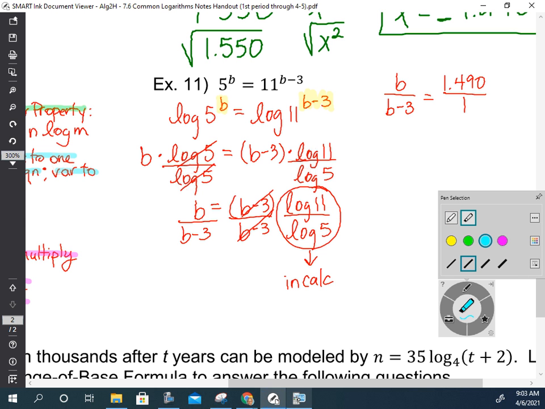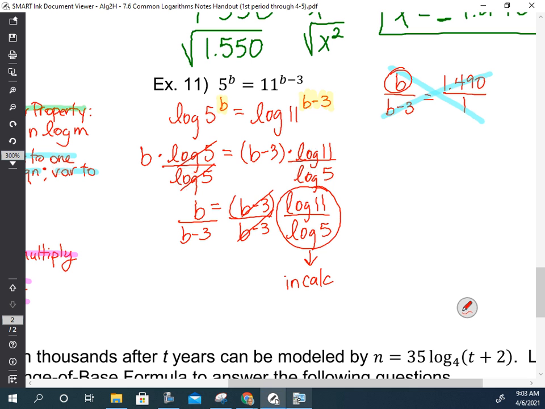So go ahead and cross multiply. B times 1, b minus 3 times 1.490. So b times 1 is b. 1.490 times b minus 3 is 1.490b minus 4.47.